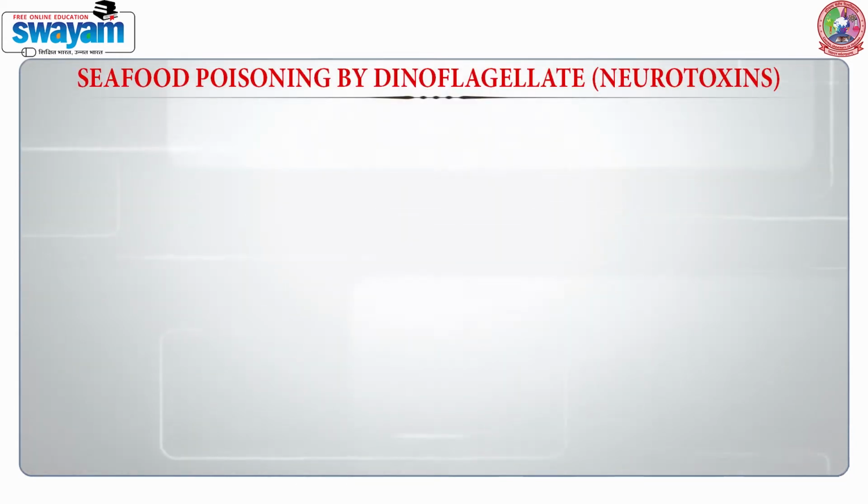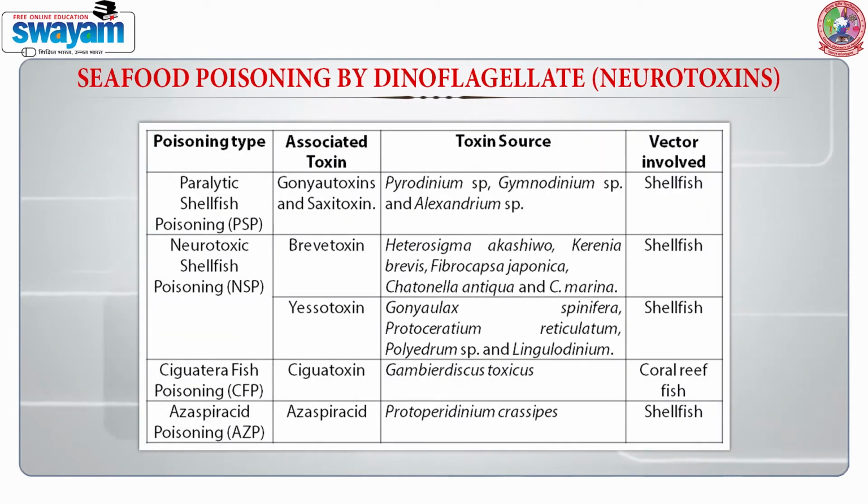Now we will learn about some important toxigenic algae. The first in this group are dinoflagellate toxins. Dinoflagellates are eukaryotic algae present in the aquatic ecosystem. They are responsible for harmful algal blooms. Their toxins are functionally and structurally different from other compounds and they show exclusive biological activities.